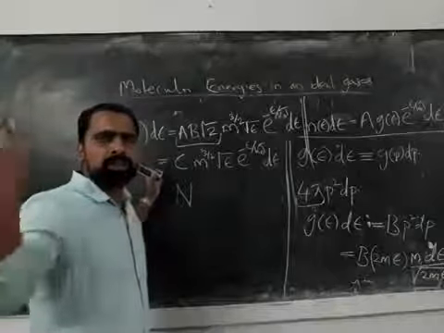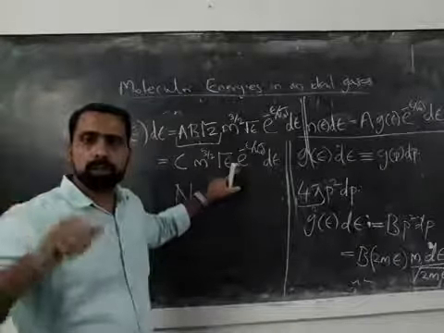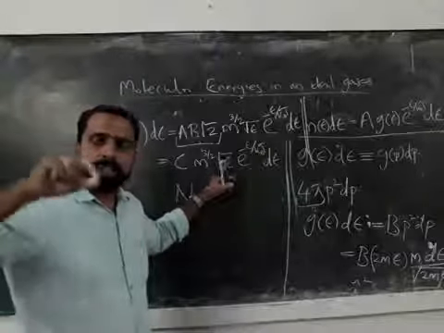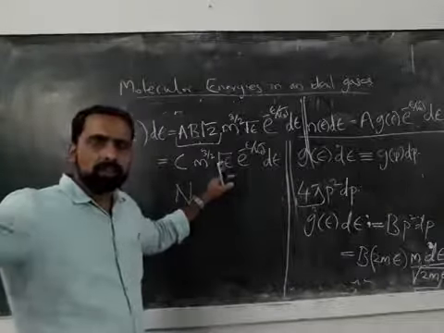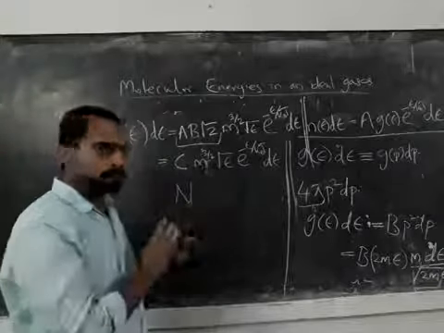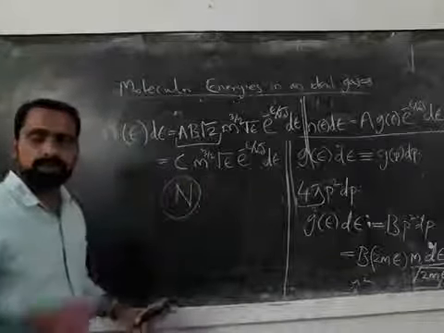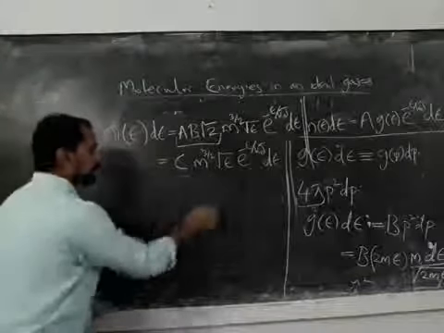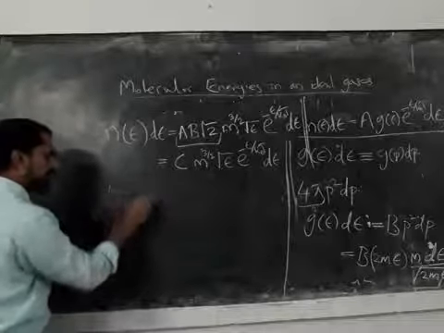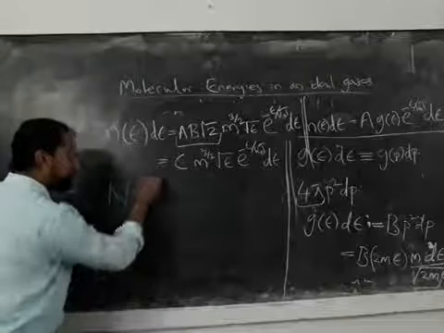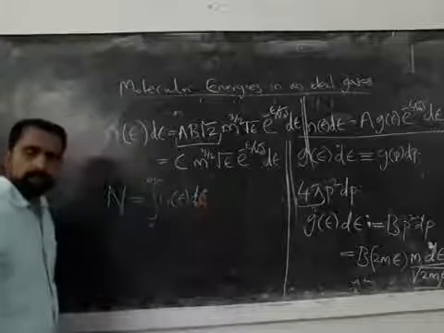That means not only the energy epsilon or epsilon plus d epsilon, you are integrating over all possible energies, from 0 to infinity. That is equal to the total number of particles N. Do you get the idea? So total N is equal to the integral from 0 to infinity of n of epsilon d epsilon.